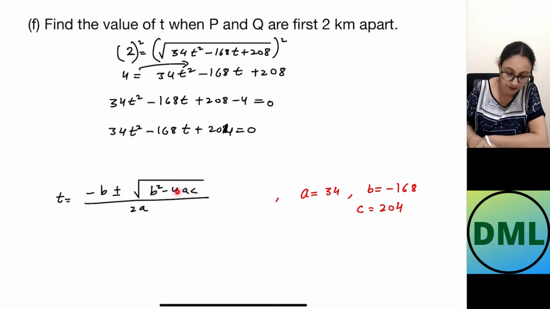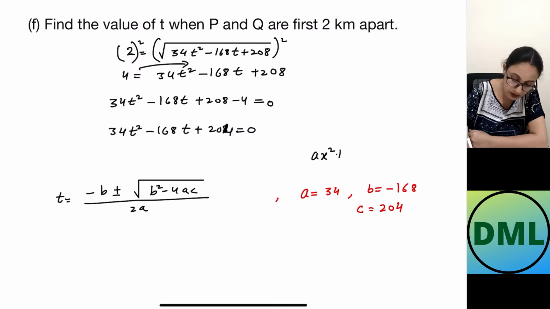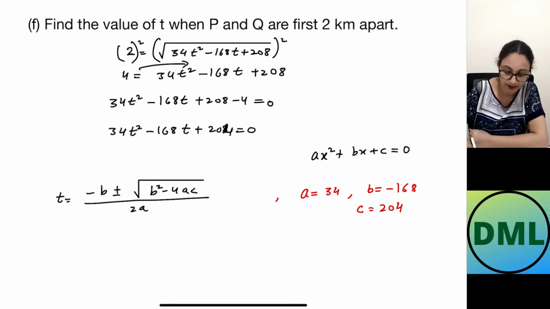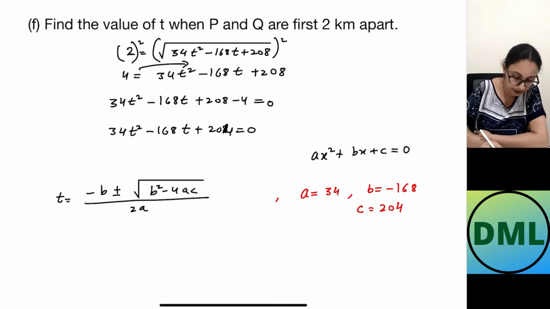Now what are the values of a, b and c? The value of a is 34, the value of b is -168 and the value of c is 204. Why? Because if I compare this with the general form of a quadratic equation, ax² + bx + c = 0, then we can compare the coefficients a, b and c.